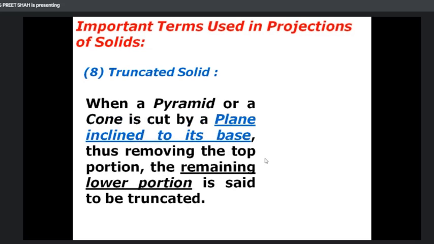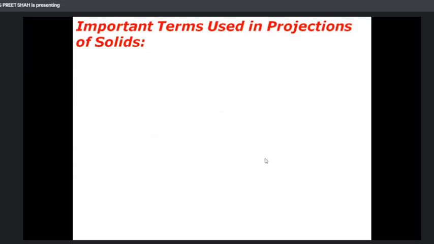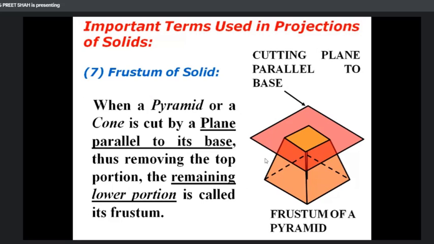Sir, which part is the remaining part? Remaining part means, go to the previous slide. You can see here, what is the top part of this square pyramid? I will neglect it.